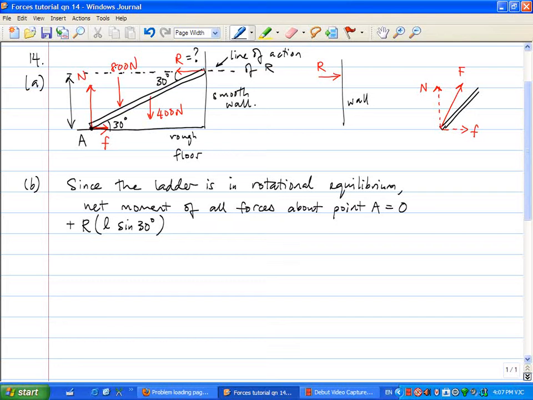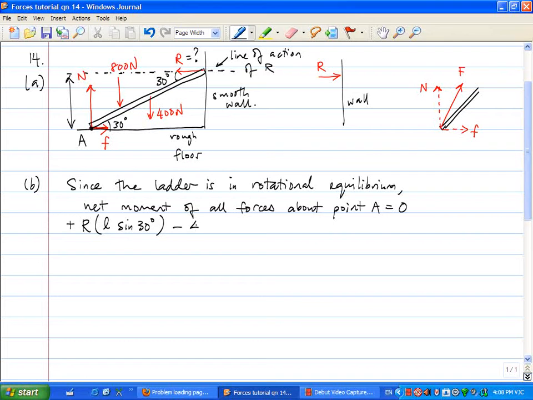The 2 remaining forces, 400 newtons and 800 newtons, both exert a clockwise moment about point A, so these 2 forces will have a negative moment.